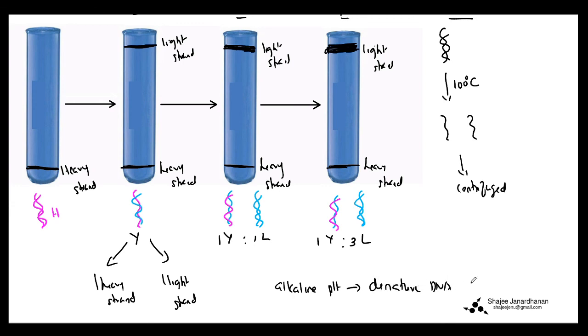So instead of thermal denaturation, if you raise the pH to an alkaline pH, the double duplex DNA will still separate into two single strands, and the results obtained will be exactly the same. This proved that there is no intermixing of the strands in a duplex. Each strand corresponds to what? Either the light or the heavy strand.